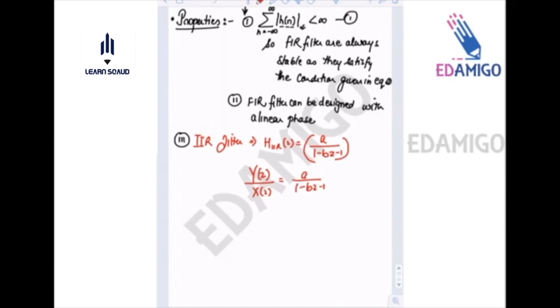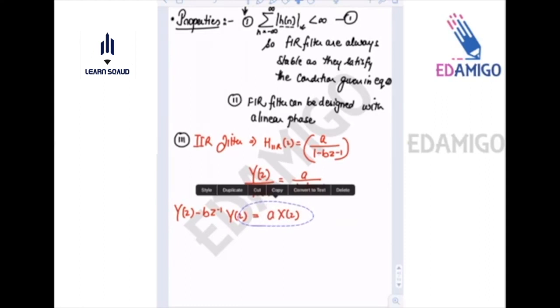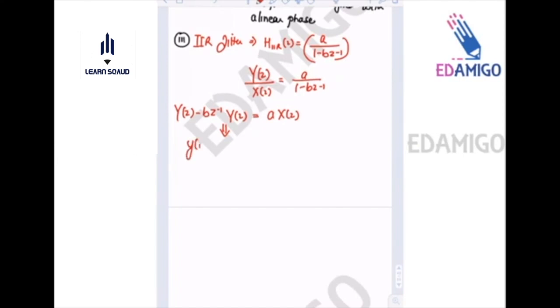So A times X(z) is equal to Y(z) minus B z inverse Y(z). Now converting this into a time domain equation, we get y[n] minus B y[n minus 1] is equal to A times x[n]. This implies y[n] is equal to A times x[n] plus B times y[n minus 1].